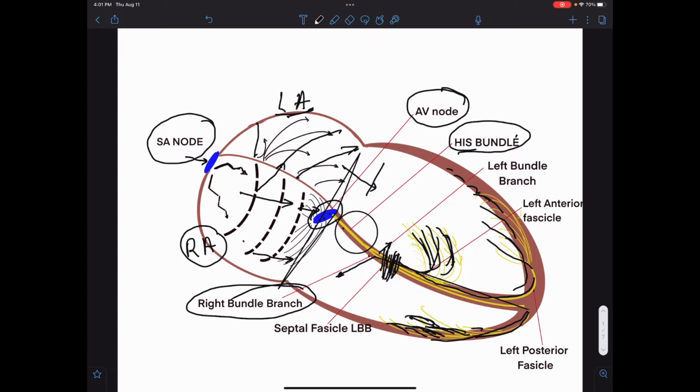Now, these things are important because these are reflected in the ECG, because the conduction of the impulse from the septal branch is from left ventricle to the right ventricular side. So this is important because it is seen in the form of a Q wave in lead 1 and aVL or V5, V6.